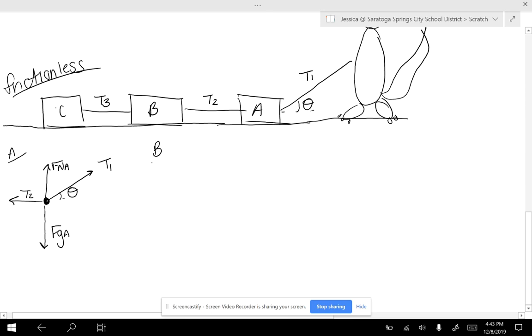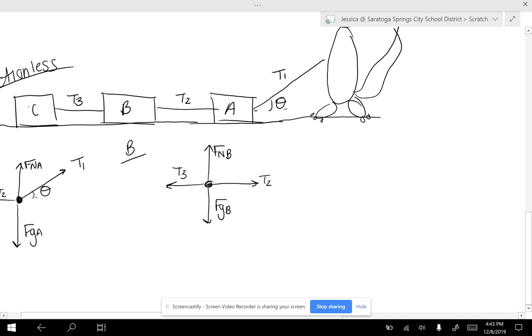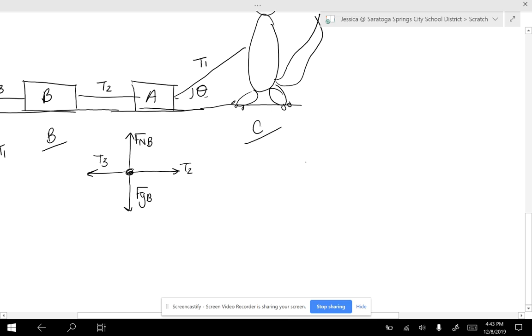And then for B, we have an FGB, FNB, T2, and T3. Then acting on object C, we have an FGC, FNC, and T3.